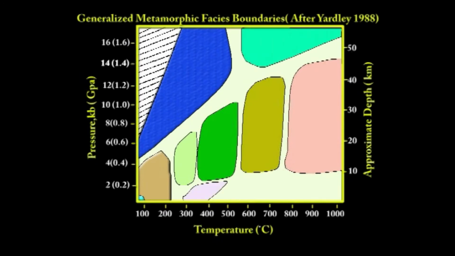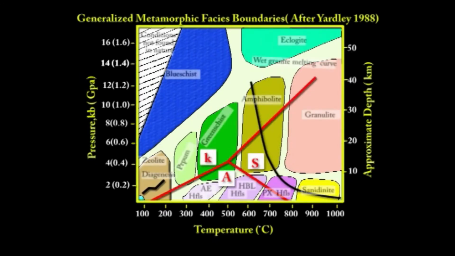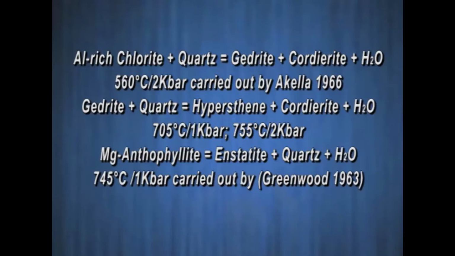The mineral reactions leading to the formation of gedrite and breakdown of gedrite and anthophyllite, and the formation of orthopyroxene provide data characteristic of low and upper temperature limit of this facies.